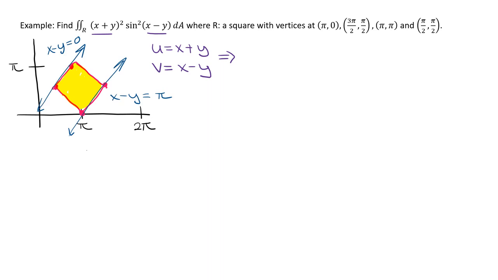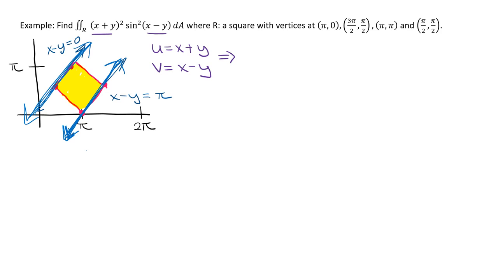I also noticed that if I look at the region that was given to me, the lines that form the boundary, this line down here, let me highlight it in blue. If we write the equation of that line, that is the line x minus y equals pi. And this line right here is the line y equals x, or x minus y equals 0.